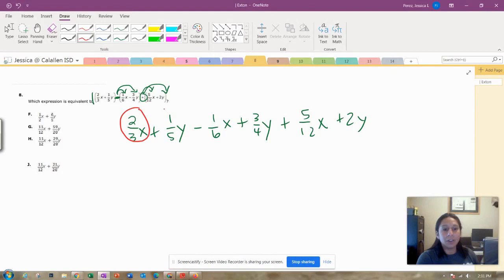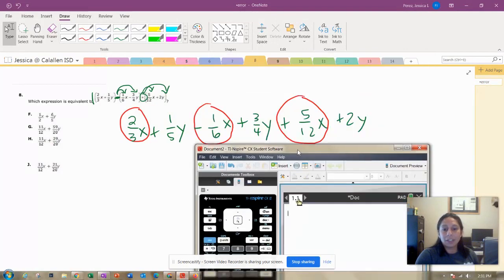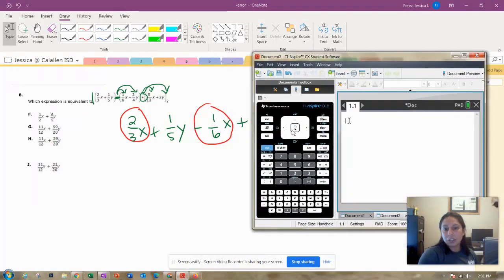Okay, next, we are going to combine all of our x's together. I could either find common denominators, or use my calculator to combine them. I'm going to show you how to use the calculator in case you forgot. Last year, you should have learned that on the calculator, all you have to do is click Control Divide, and it'll pop up a fraction.